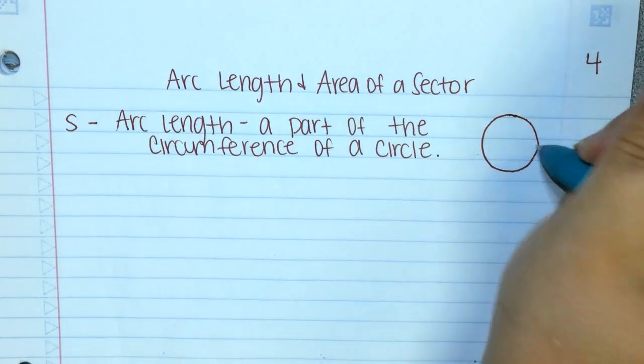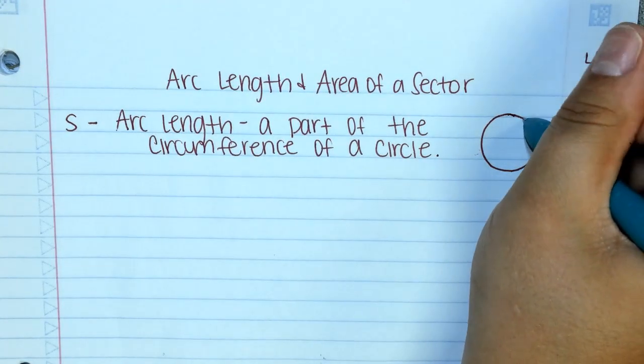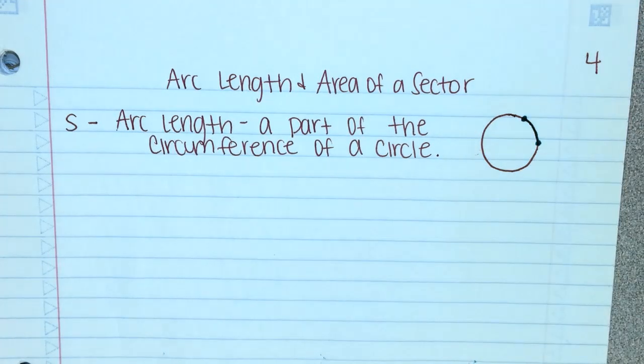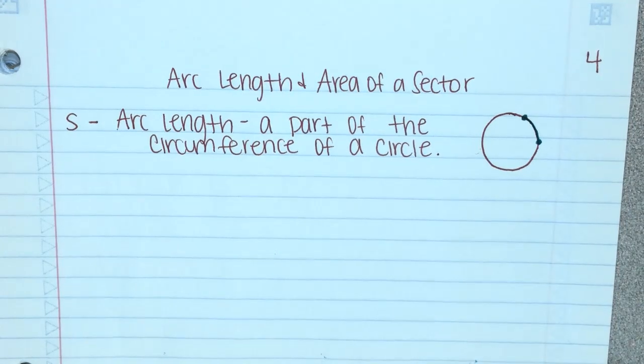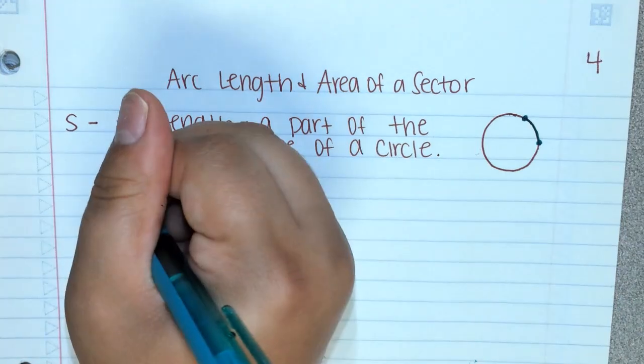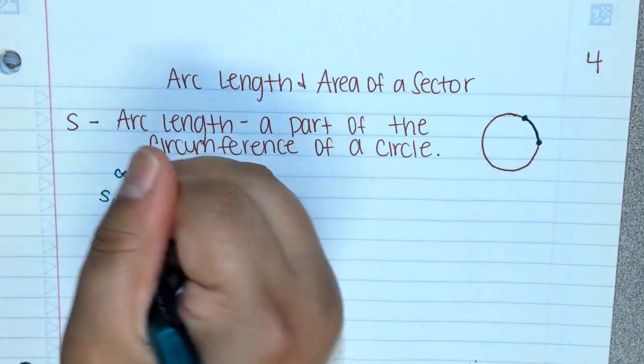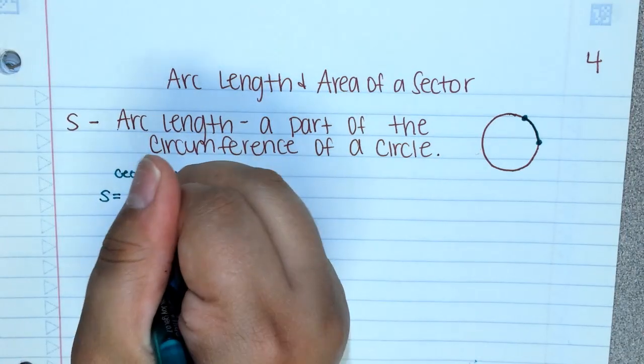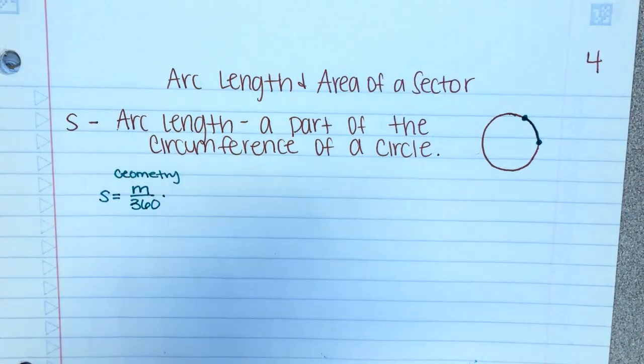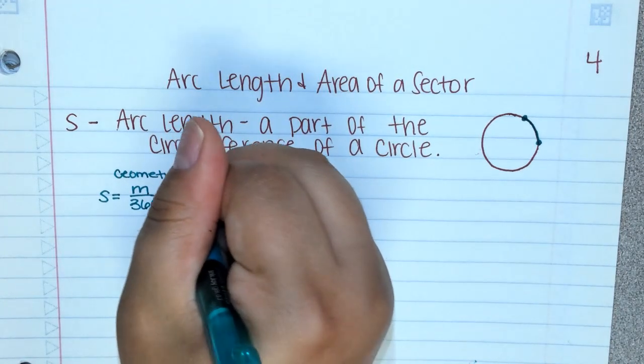If I was asking you, what's the distance from here to here, I'm asking for your arc length. In geometry, you learned this formula: m over 360 times circumference, which is 2 pi r.